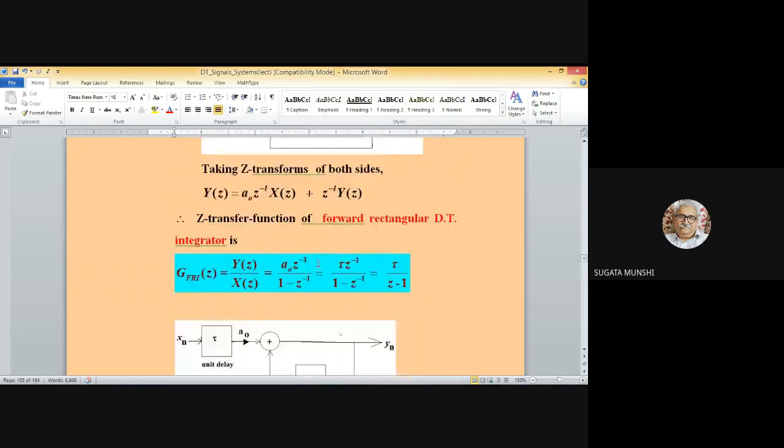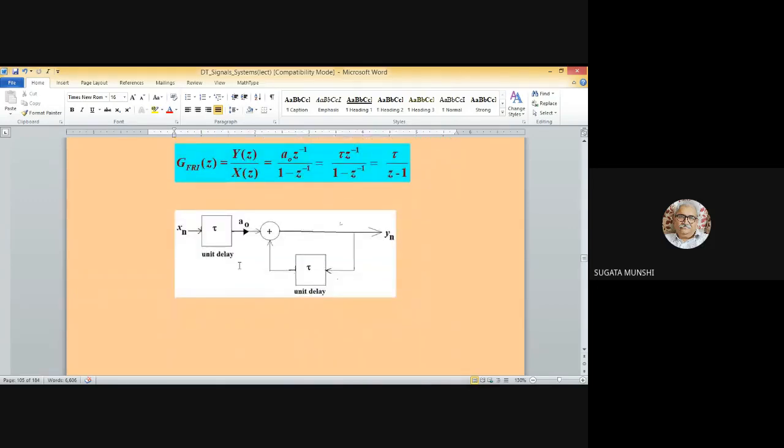For implementation, what will be the structure? This one. This is the structure. Here you have y n minus 1. Here you have x n, here x n minus 1. Now you can definitely add y n minus 1 with a0 x n minus 1 to get y n.